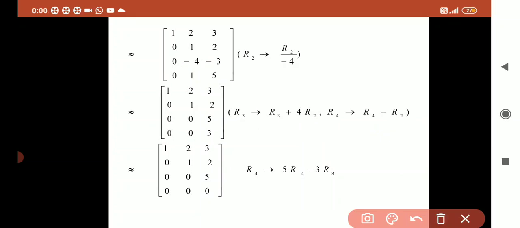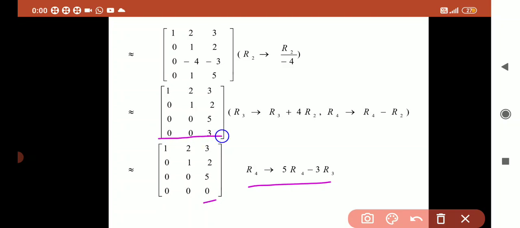And lastly we can make this element 0. After simplification we will get 1, 2, 3, 0, 1, 2, 0, 0, 5, and 0. Here we want to make this one 0.